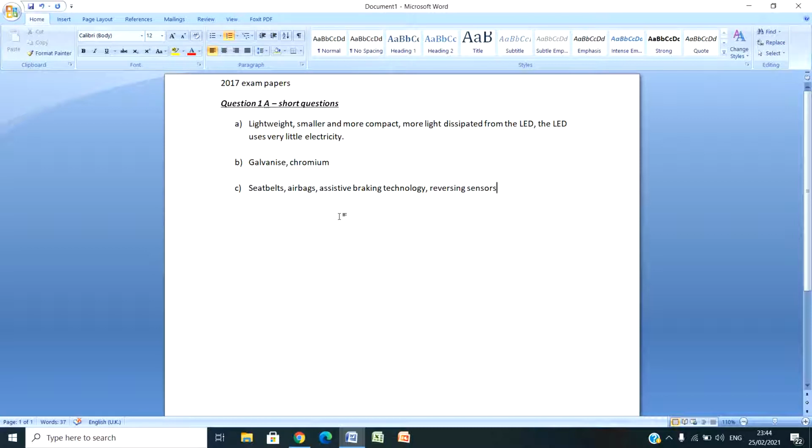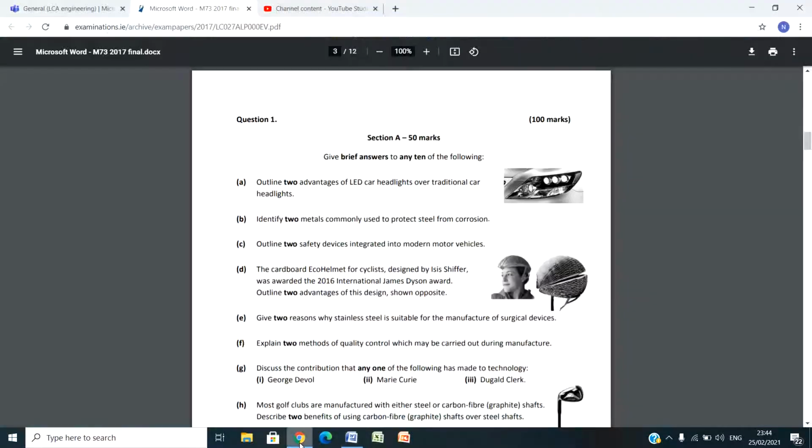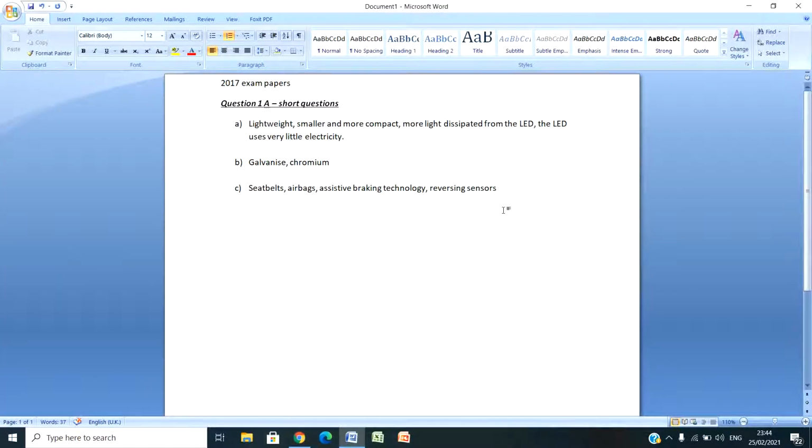All these different things make it a lot safer on the road. I might be missing a couple of obvious ones, and if there are any more, you can put them in there.